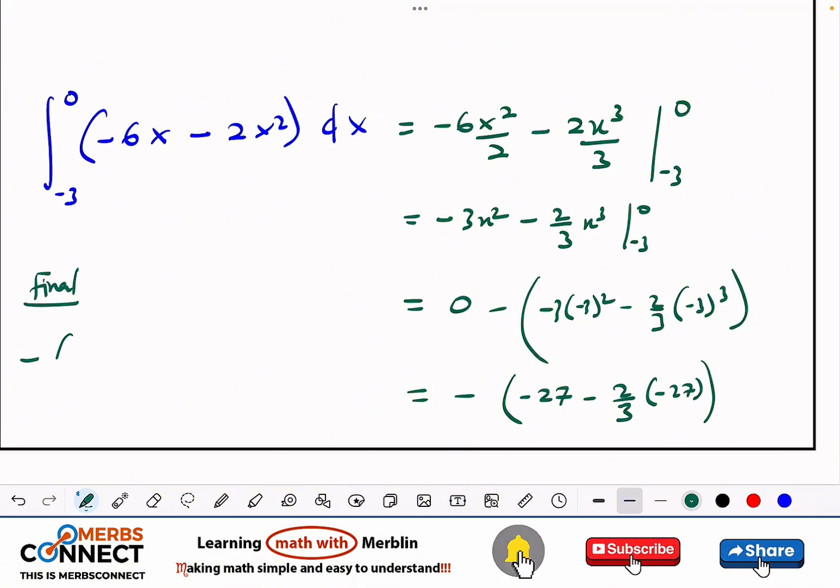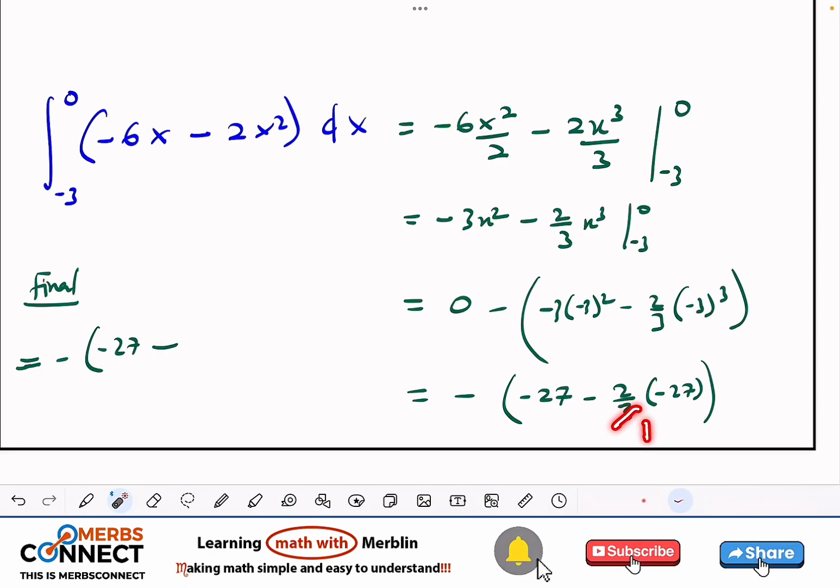This is minus open bracket, equal to minus 27 minus, now look at this, 3 goes into itself 1 and goes into 27, how many? 9, right? So now minus 2 times minus 9 is going to give us plus 18. So this is going to be plus 18. And when I do the subtraction, I think this one is supposed to give us minus 9.